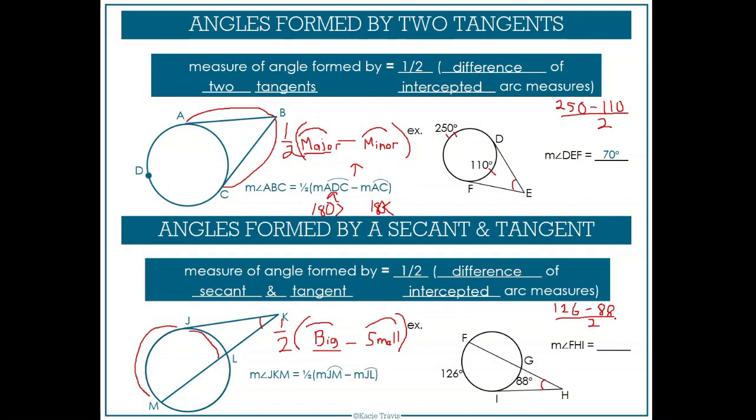So 126 minus 88, what does that end up giving us? Let's go through and do a little bit of subtraction. That gets me 38. And then when I divide this 38 by 2, I end up with a 19 as my final answer.